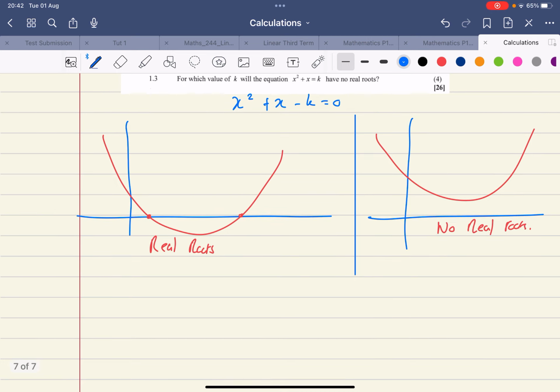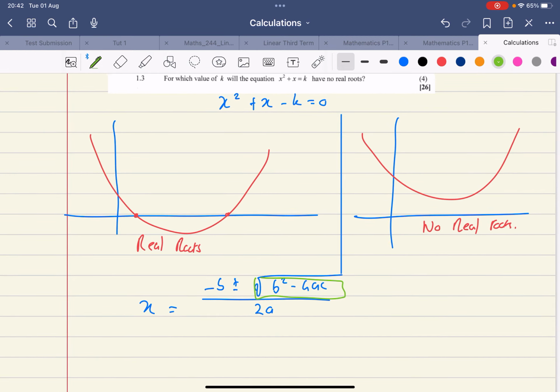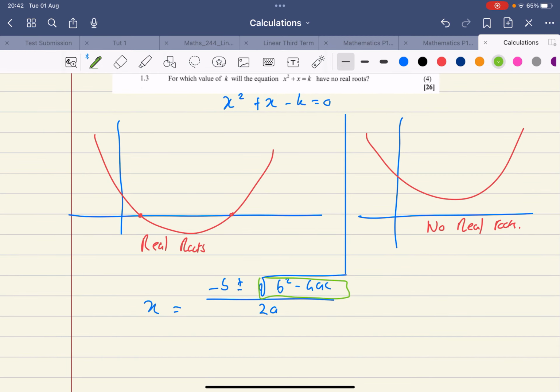So first, again, just remember the quadratic equation. x is equal to minus b plus or minus the square root of b squared minus 4ac over 2a. Now remember that this square root here tells us a lot about the nature of the roots. And it's even got its own symbol. It's called delta. So delta is equal to b squared minus 4ac.